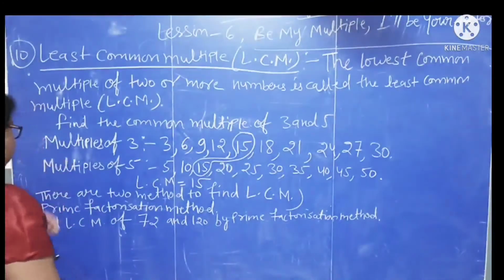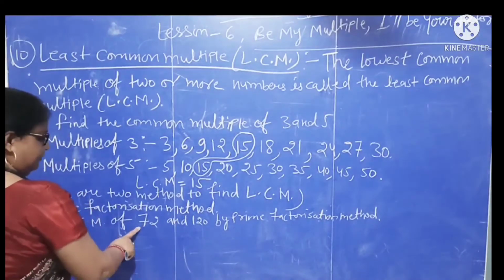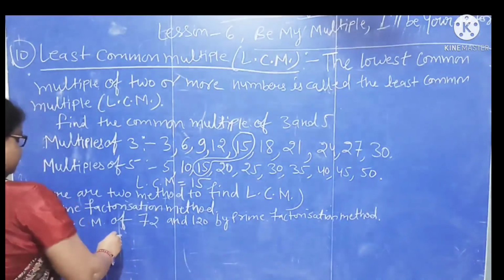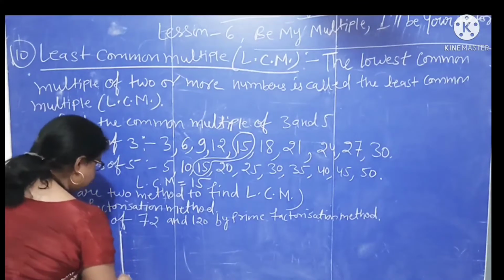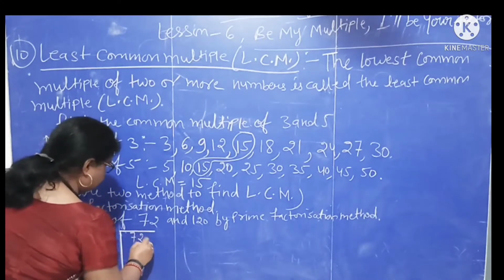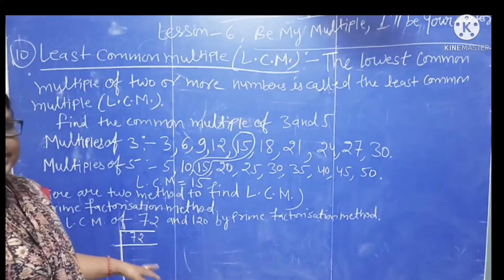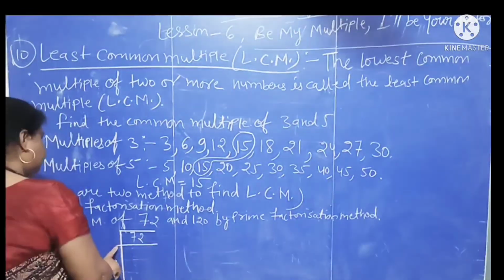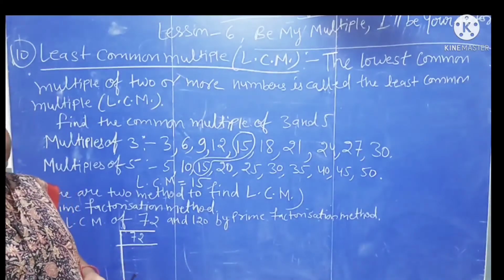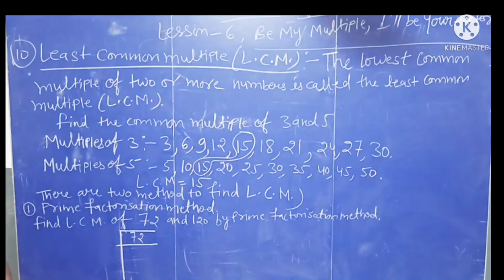So, let's find. First, we find the prime factors of 72. We make a structure like this, and here we write 72. Now, we need a number to divide 72. To find prime factorization, we need the least prime number to divide 72. Of course, many numbers can divide 72. But in this method, we have to use the least prime number to divide 72.